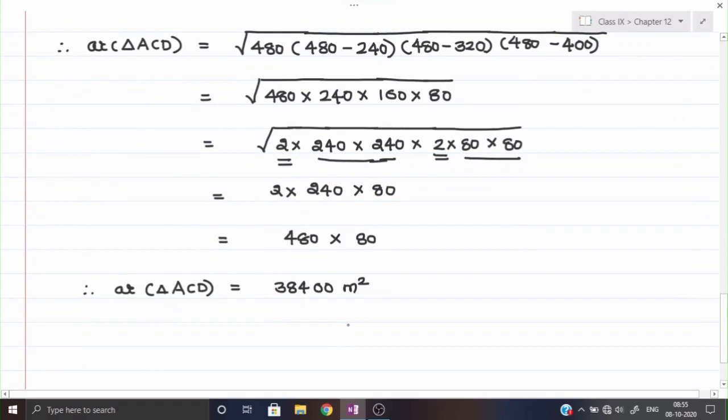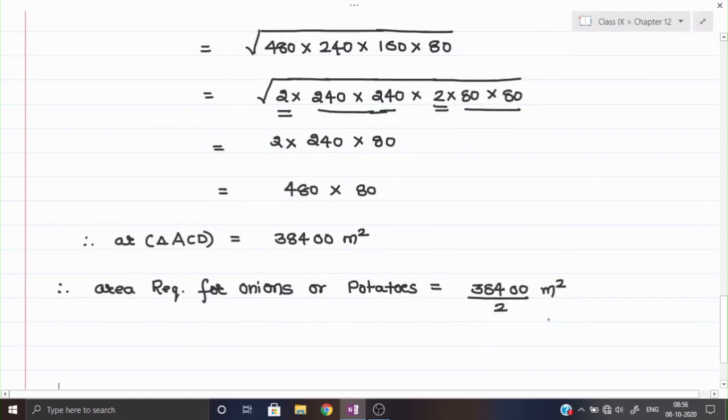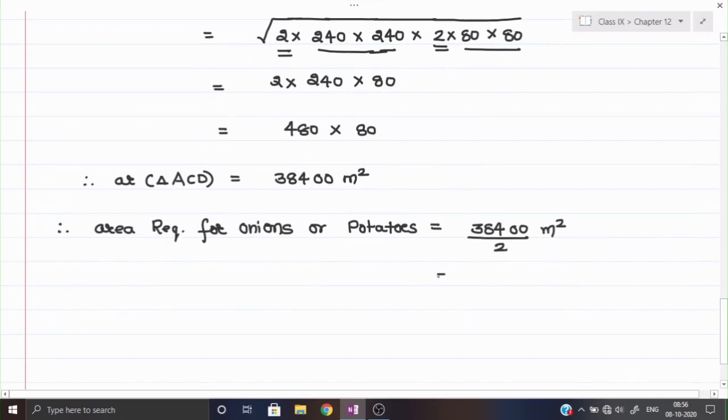Okay, so we can say that therefore area required for onions or potatoes is equal to 38400 divided by 2, and remember this is coming in meter square. Okay, so now if we divide by 2, 2 ones are 2, 2 nines are 18, 2 twos are 4. This will be 19200 meter square.